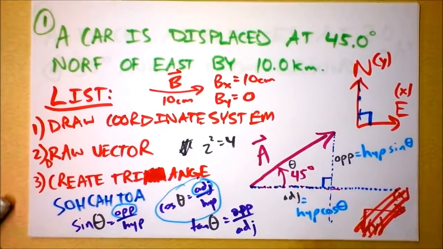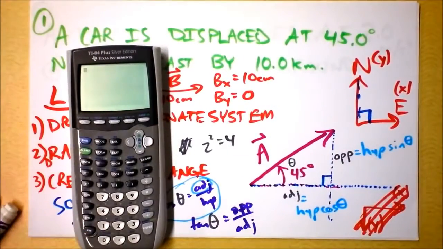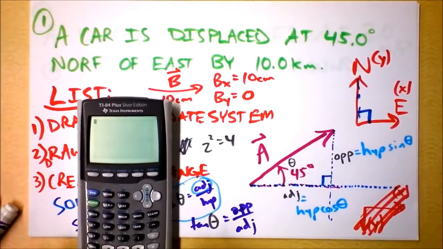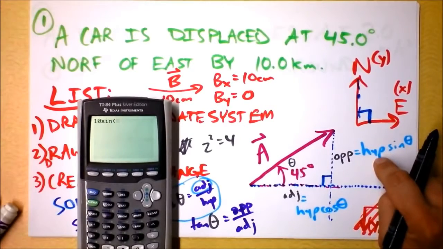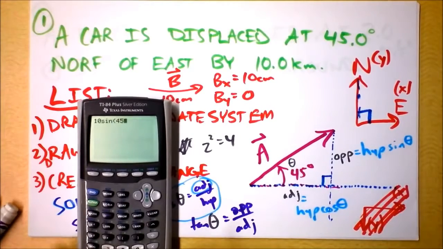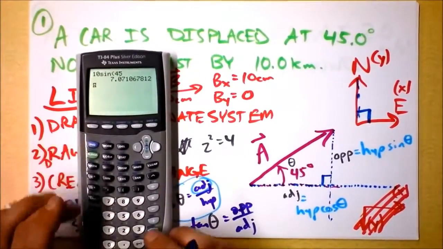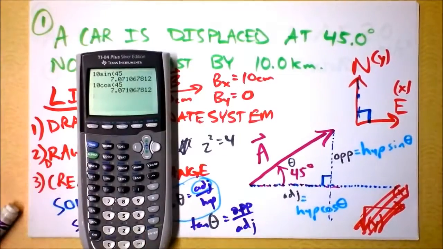So then I want to just plug that into my calculator, and this is really fun. Watch this. Calculator on. Hypotenuse's length, check it: 10.0 kilometers. 10 times the sine of 45, I'm going to get this side first. Enter. And now I'm in a little bit of a hurry, so I'm going to press second entry to get that back up there, and I'm just going to change the sine to a cosine, and boom, I've got them all.